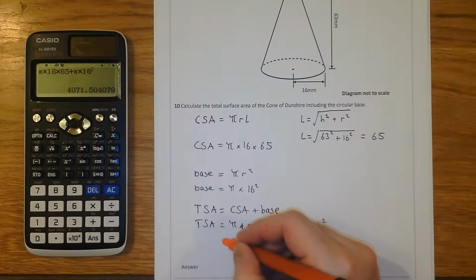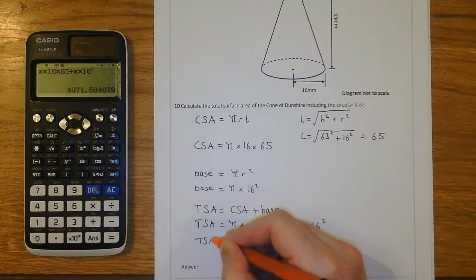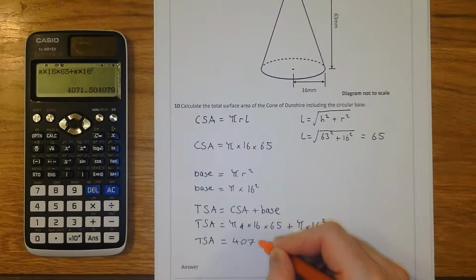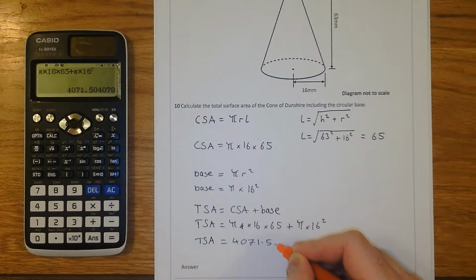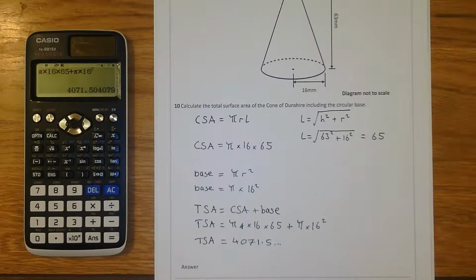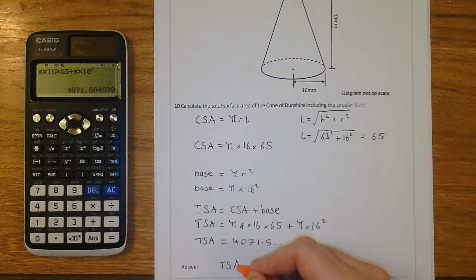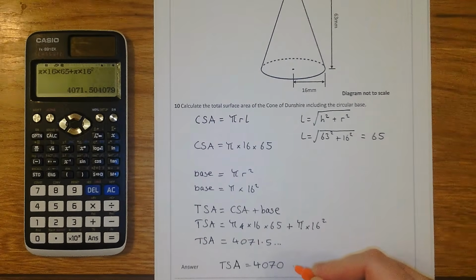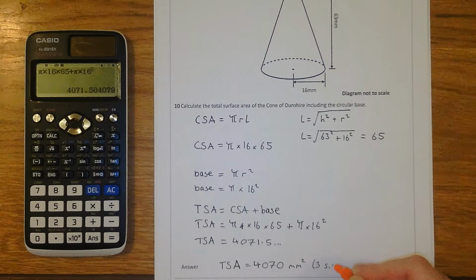That gives me a value unrounded for the total surface area of 4071.5, etc. I'm going to round that to get a final answer of a total surface area of 4070, and it's millimeters squared, and I've done it to 3 significant figures.